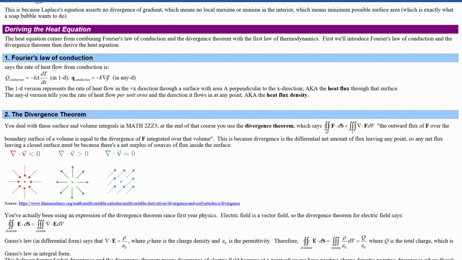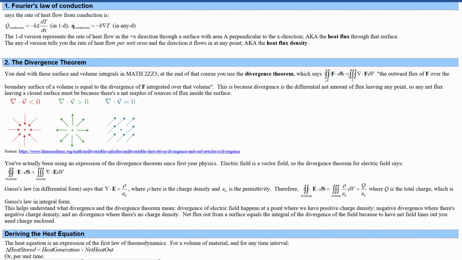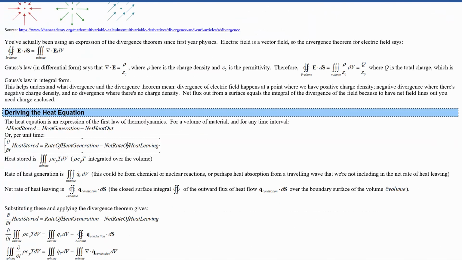So by combining Fourier's law of conduction that says the heat flux density is negative k times the temperature gradient, and the divergence theorem that says the total divergence of a vector field integrated over a volume has to equal the net flux of that vector field leaving the volume, we can get the heat equation.